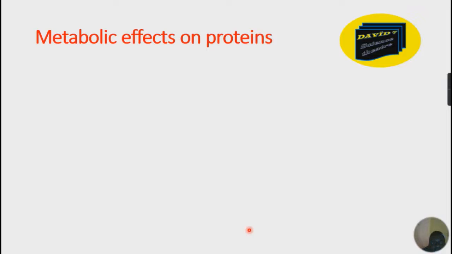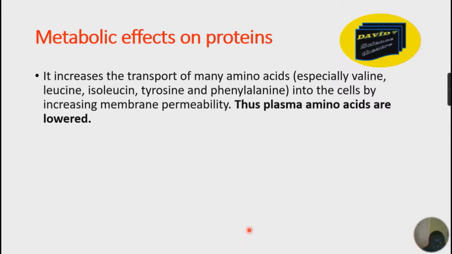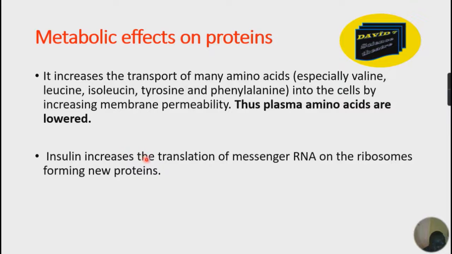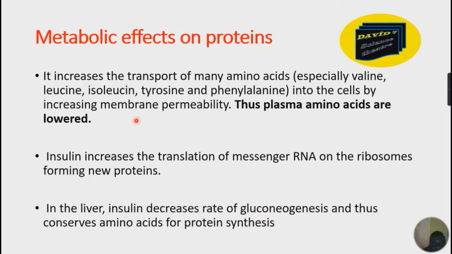Metabolic effects on proteins. Insulin increases transport of many amino acids, especially valine, leucine, isoleucine, tyrosine, and phenylalanine, into the cells by increasing membrane permeability. Thus, amino acids are lowered in plasma. Insulin increases the translation of messenger RNA on ribosomes, forming new proteins.